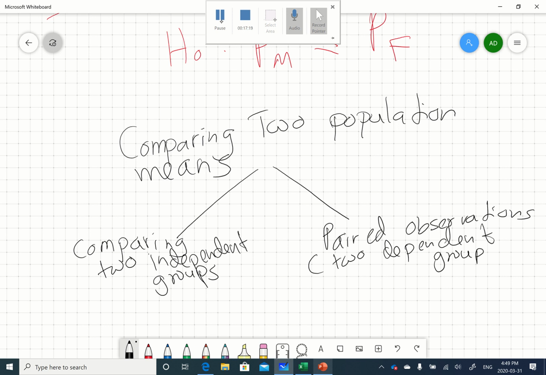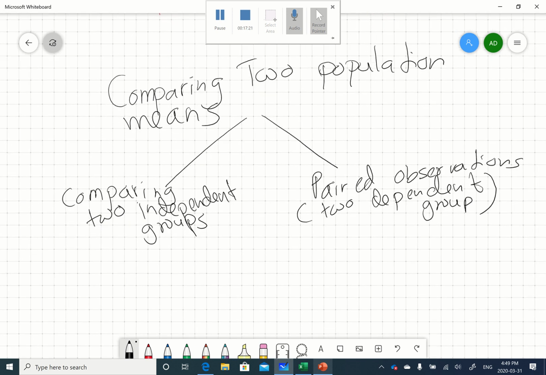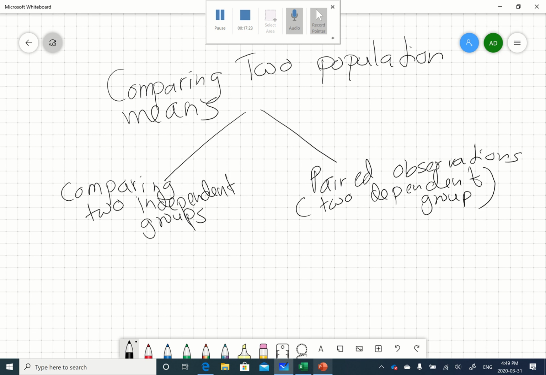So the difference between these two is that when you run the test, we use 2 different approaches within MegaStat. So your goal is, you read the question and you figure out, okay, am I comparing two independent groups? So the male smoker, a smoker being male versus a smoker being female. So are those 2 groups dependent or independent?